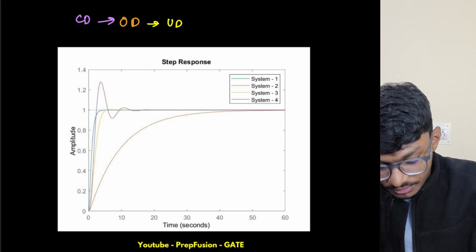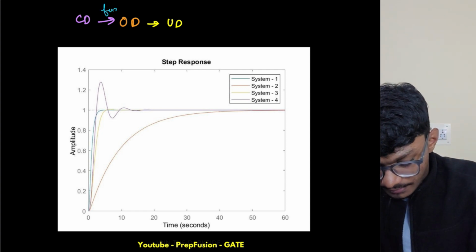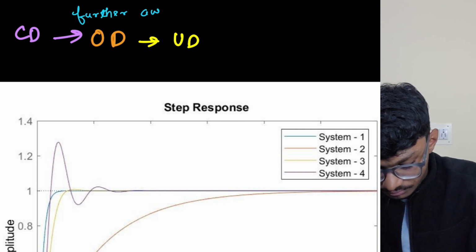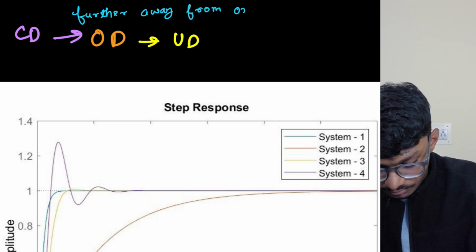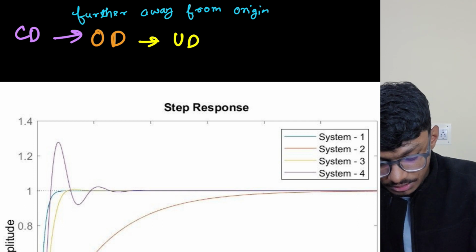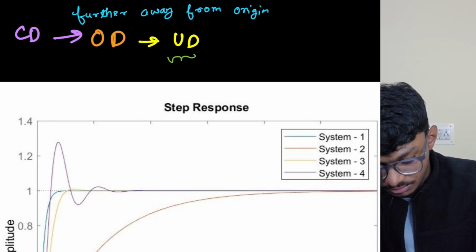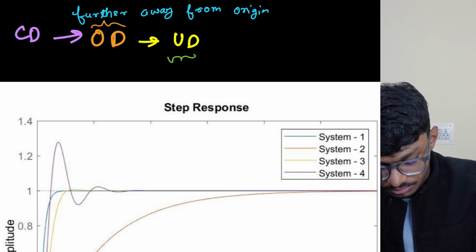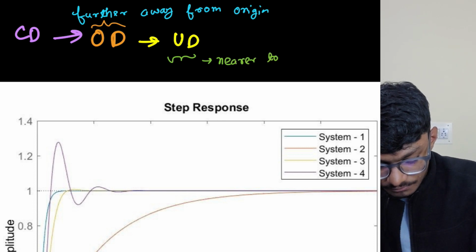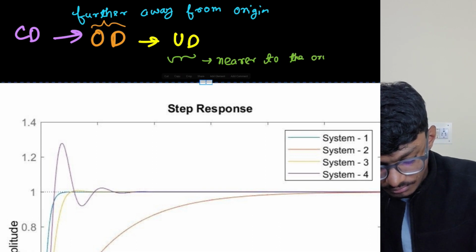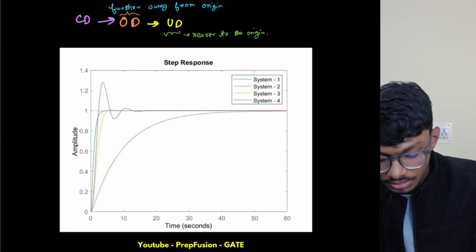So here, this is further away from the origin, and this is nearer to the origin.